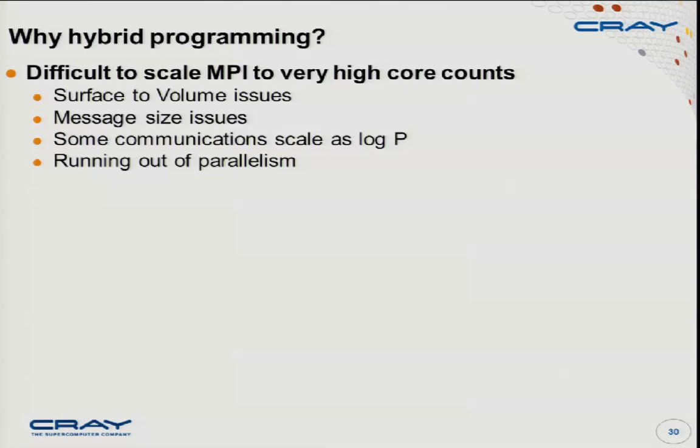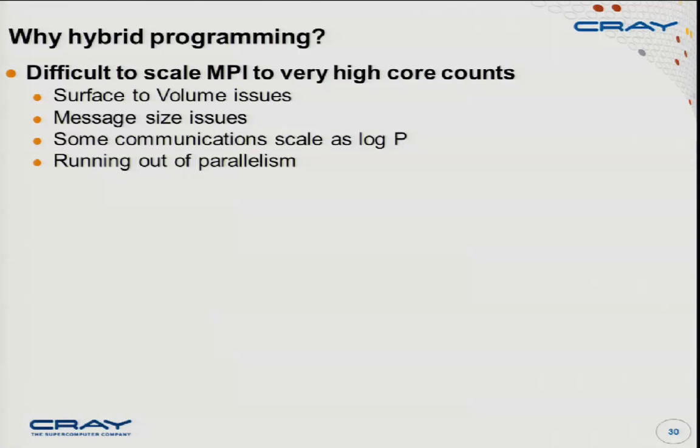Message size issues can be another thing as you scale up. Your message size shrinks. Maybe that's a good thing. Maybe that's a bad thing. It used to be more important, I think, on some of our older machines. Gemini and Aries, it's pretty good, but still can be an issue.